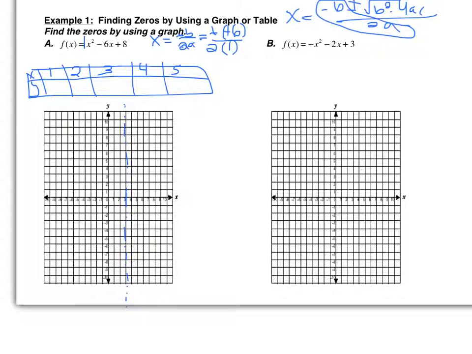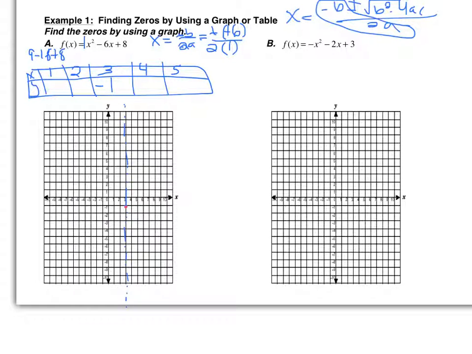So if I plug in 3 into my equation, 3 squared is 9, minus 3 times 6 is 18, plus 8. So 9 plus 8 is 17, minus 18 is negative 1, so we have a point here at 3, negative 1.